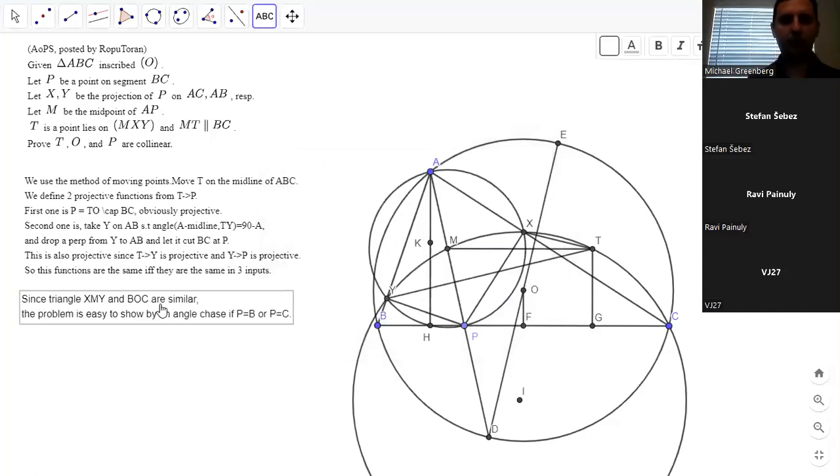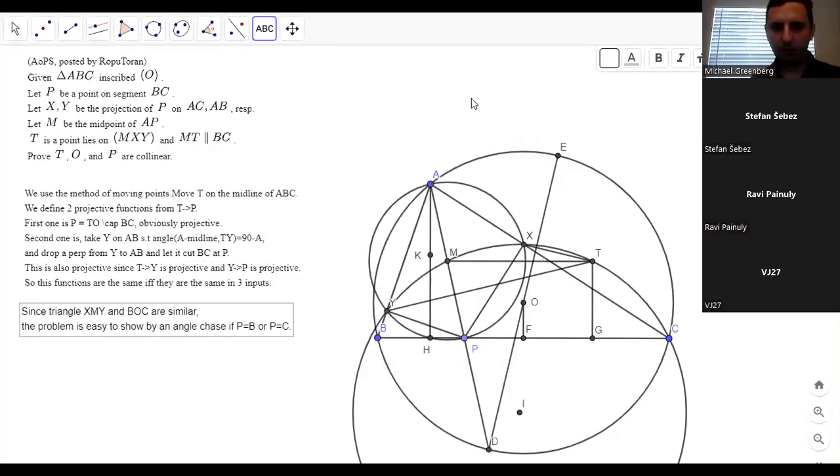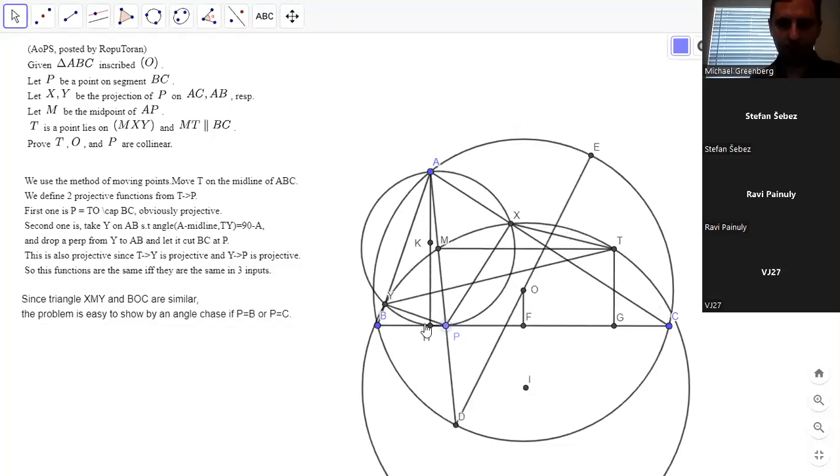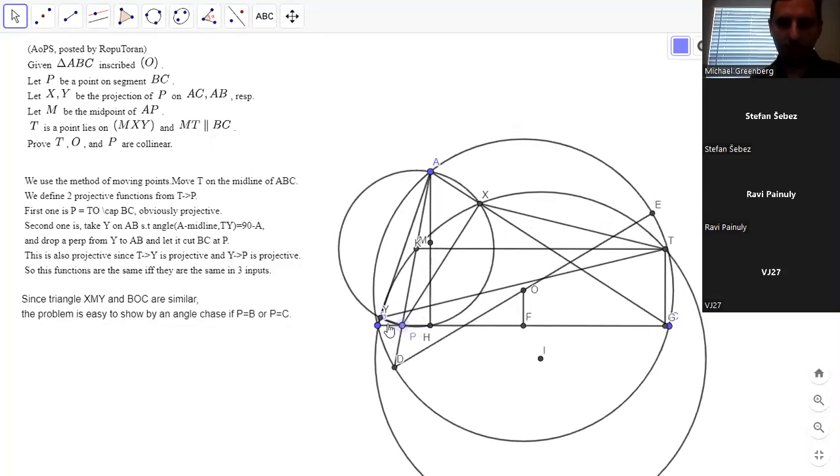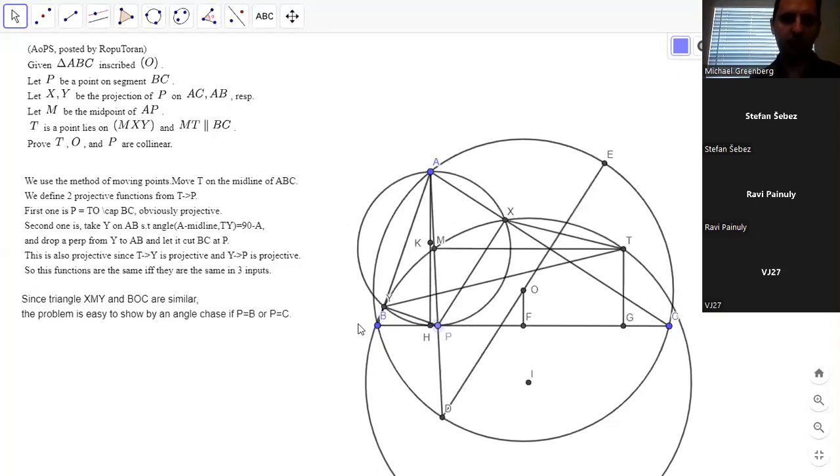And then if P is the point at infinity, or if T is the point at... well, if P equals B or P equals C, these correspond to two different choices of T. I'll say that.